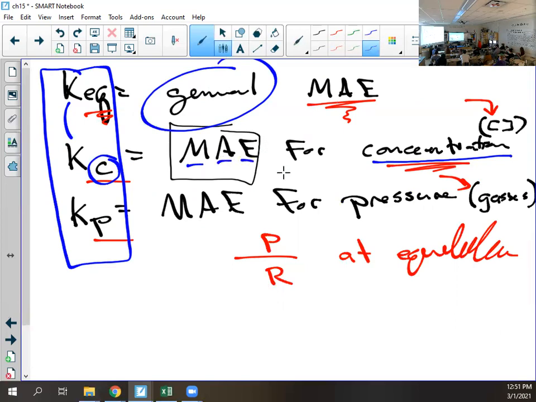I learned the hard way that I need to use that term more. All right. KP just means K, but it's the mass action expression for pressure. And that's when it's in gases. Anyway, that's that.